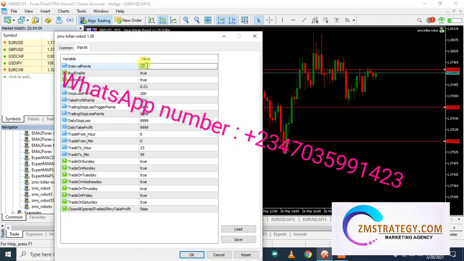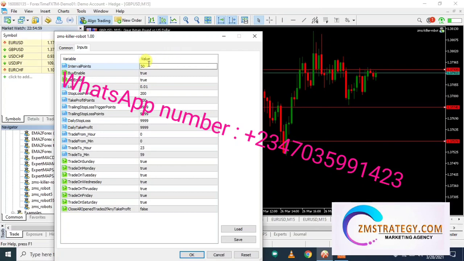If you are making use of 100, you are saying that on every 10 pips profit the robot should take another trade. But to calculate this, we are making use of 50 points.